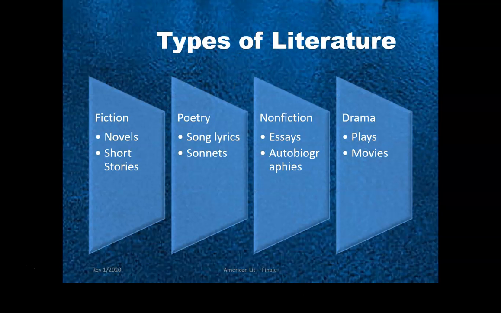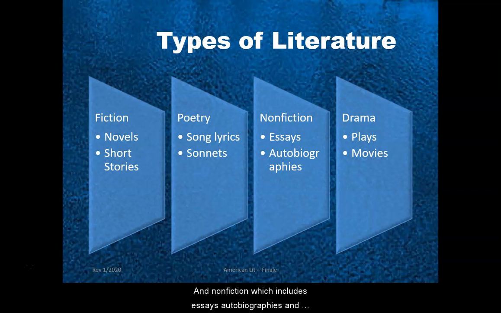There are four main types of literature: fiction, including novels, which are long stories, short stories, and a new one called flash fiction, which is usually less than 1,000 words. Then there is poetry, of which there are many kinds, including song lyrics and sonnets.